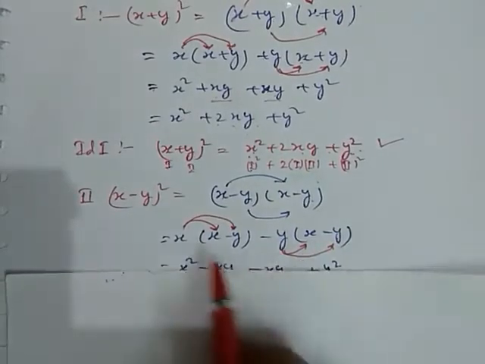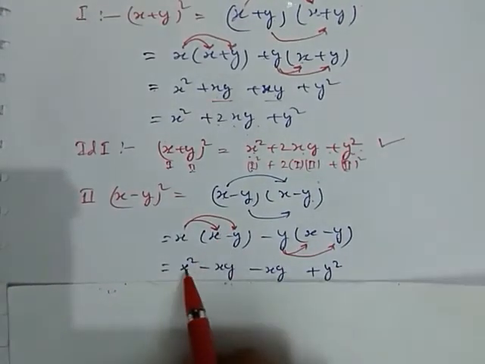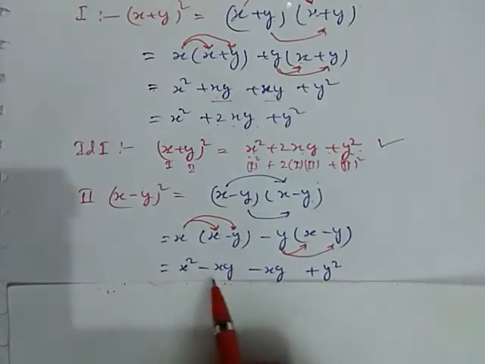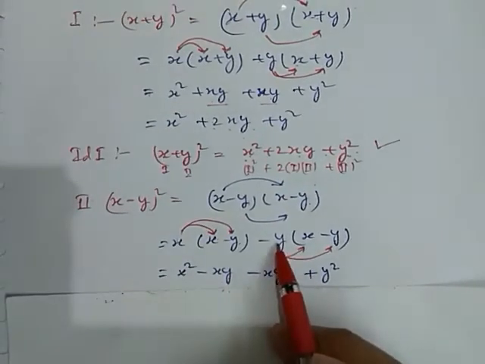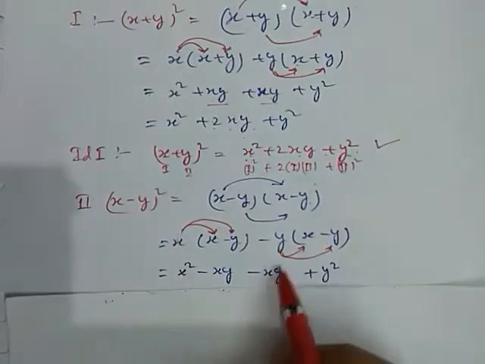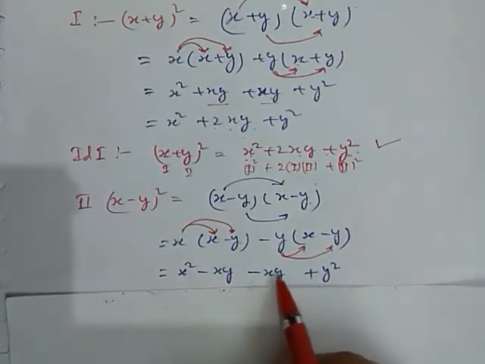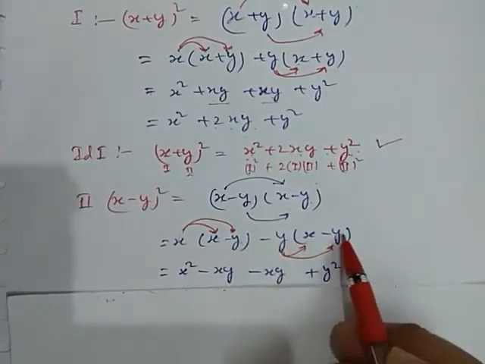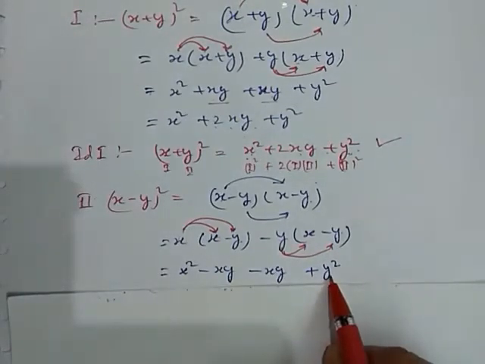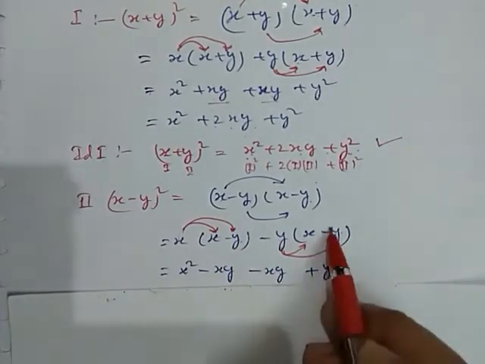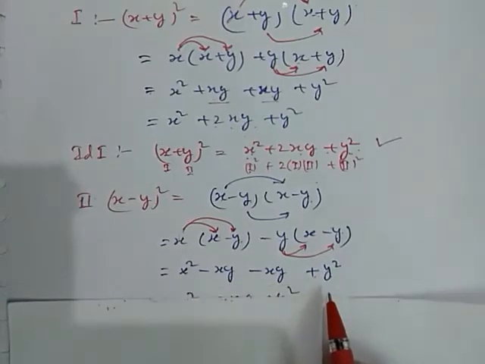Now x into x is x square, x into minus y is minus xy, minus y into x is also minus xy, and minus y into minus y is plus y square, because minus into minus is plus.